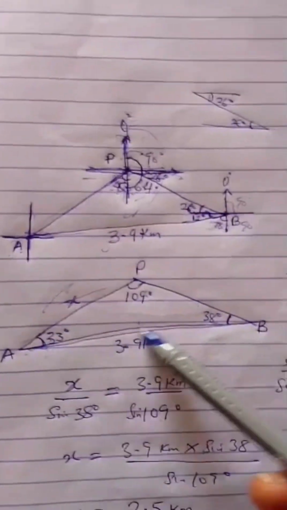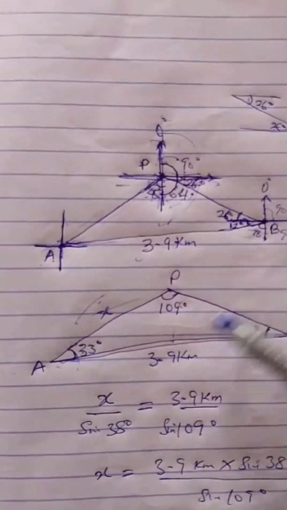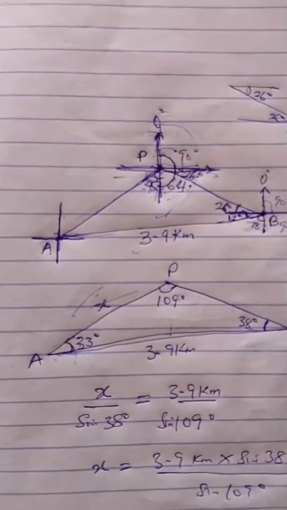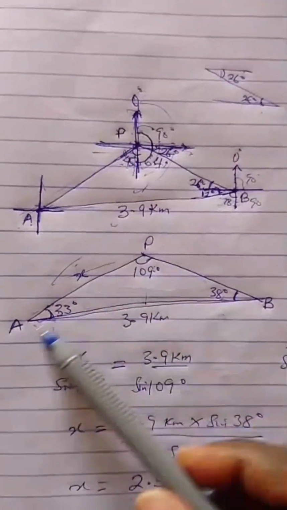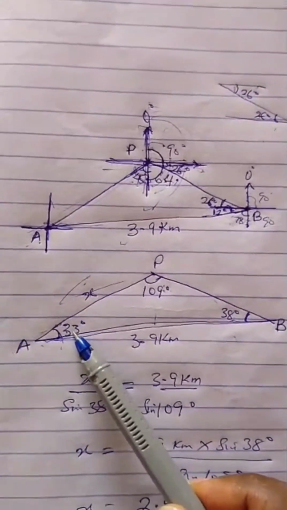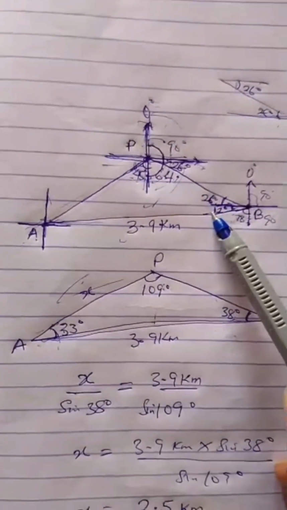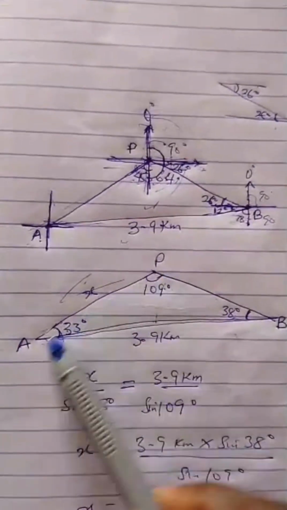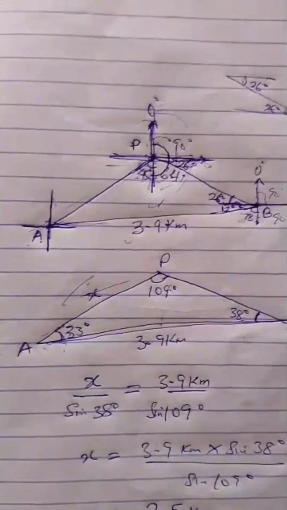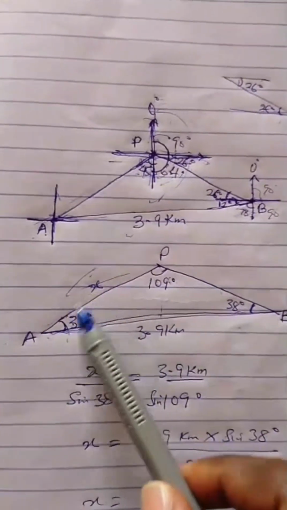So we have a triangle. This is 33 degrees, gotten from 109 plus 38 subtracted from 180. Remember, the sum of angles in any triangle must equal 180 degrees.